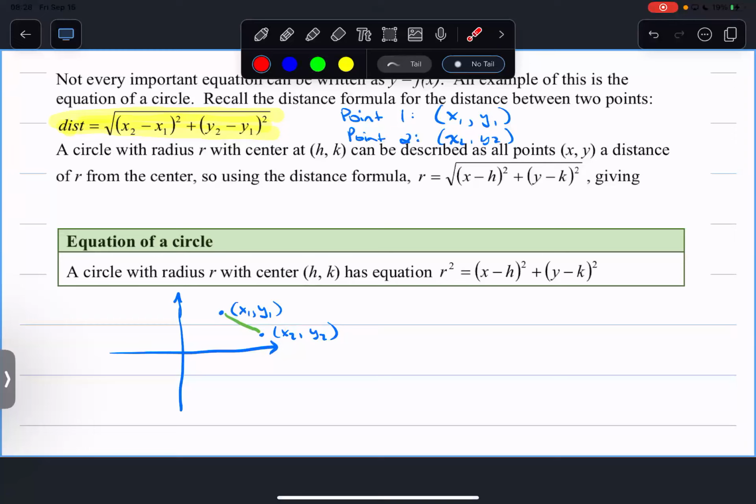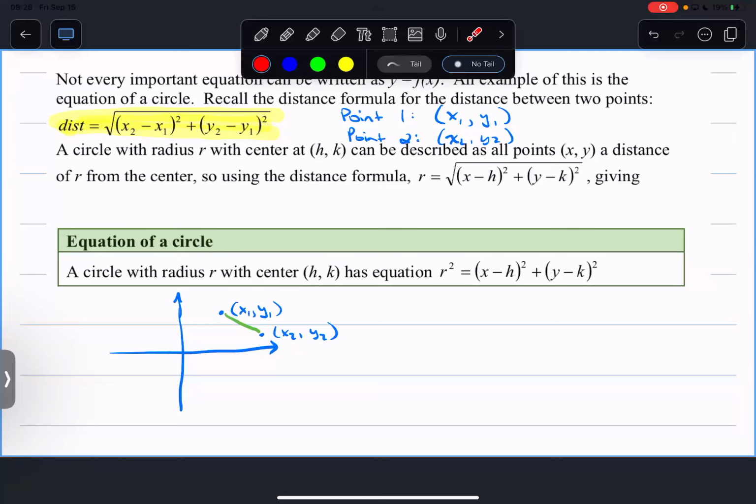Just take it as fact, how about? And then we do the same thing for the y's, and then we square that. So the distance in the y's feels like rise and run, and it is. And so here's the run, here's the rise, square those, add those together, and then take the square root.